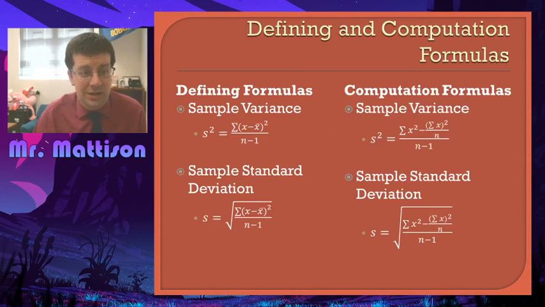Here's what you need. Okay, here's the 4 things you want to have in your notes as a point of reference. The defining formulas make a lot more sense as to what it's actually doing, but the ones you're actually going to use when you run a calculation are these two over here.